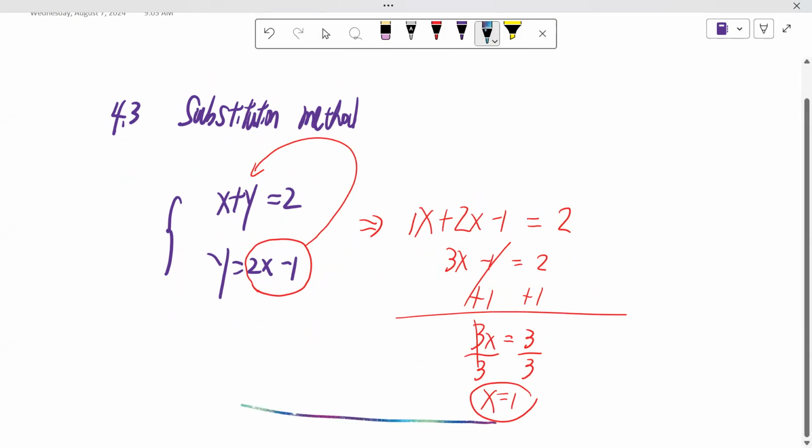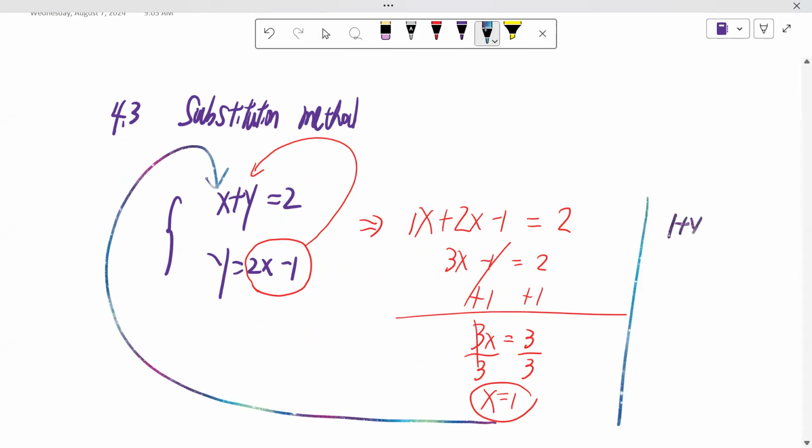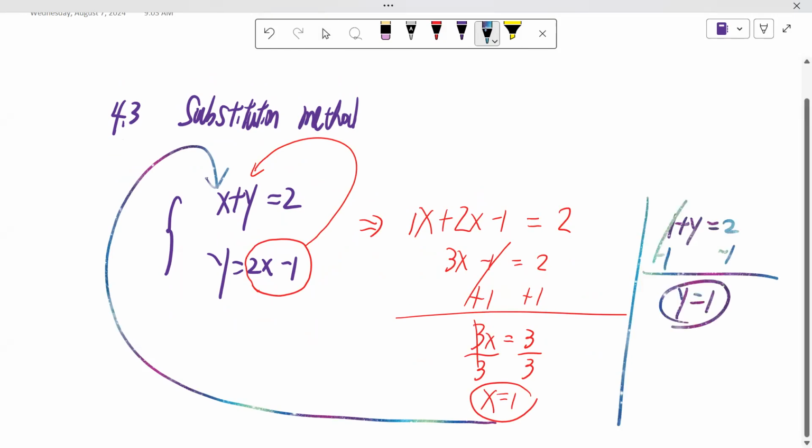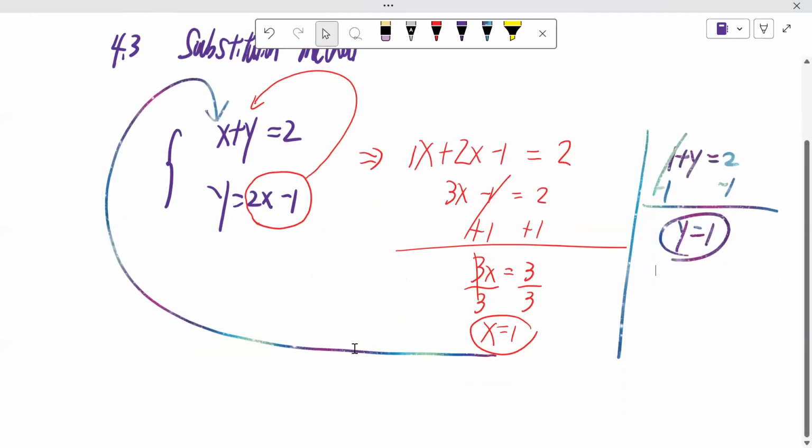Replace x with 1: 1 plus y equal to 2. Subtract 1 from both sides, y equal to 1. So x equal to 1, y equal to 1. Any question about this? This is what we call the substitution method.